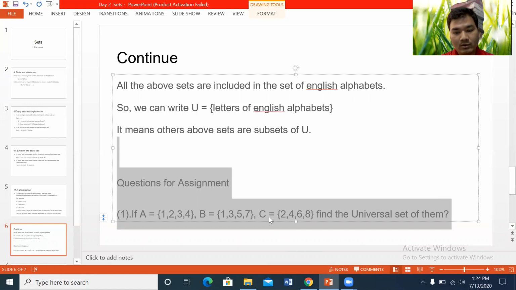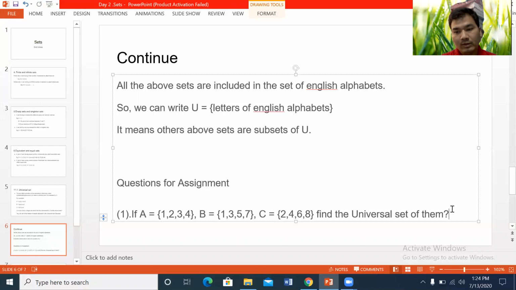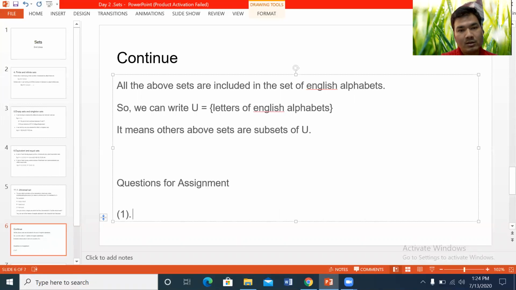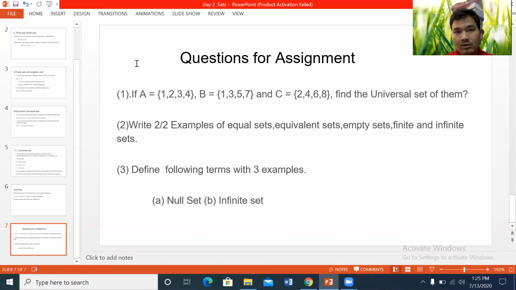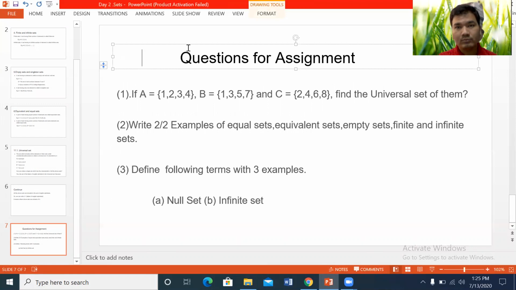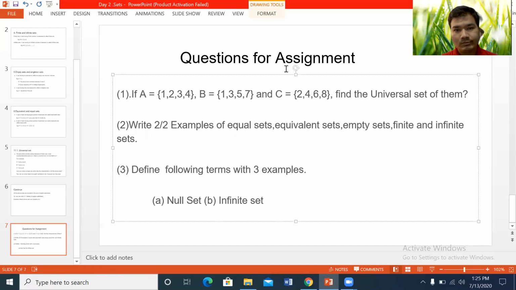For easiness, I am moving it to another page, so that you can write all the questions for the assignment. I have put 3 questions. Please do this. These are the questions for the assignment.